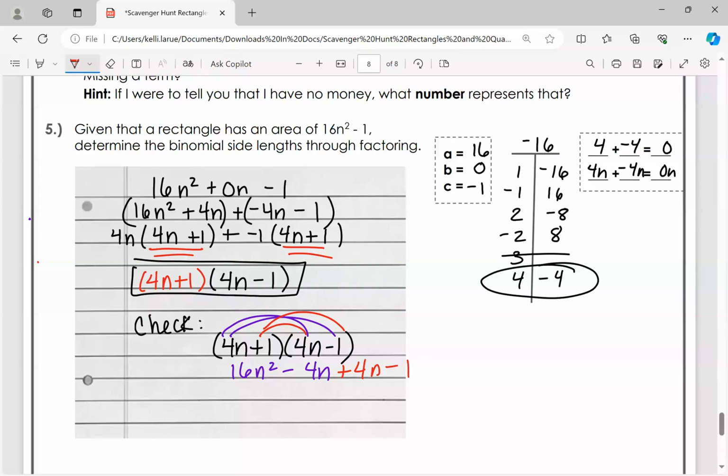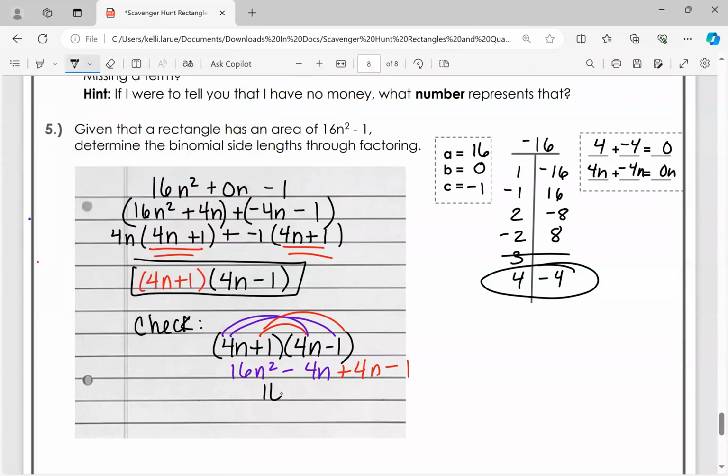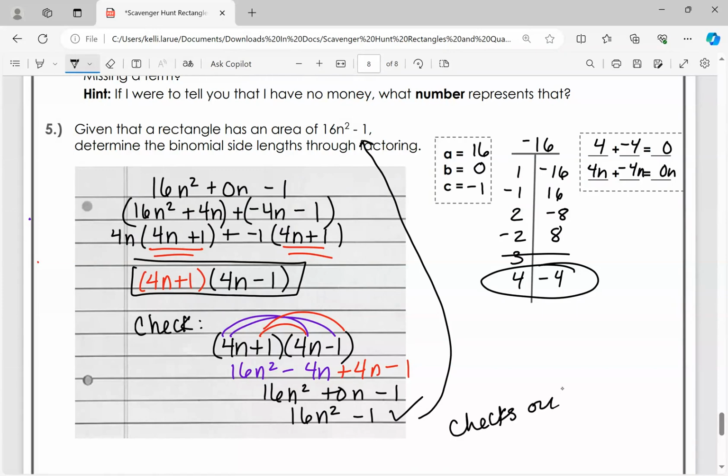Again, I'm going to pause and just emphasize that that is exactly the same thing we had in the second line. But let's go ahead and combine our like terms just to prove that this does check out. And yes, that is what we started with. That checks out. Okay, and since that checks out, that means that our solution here is good.